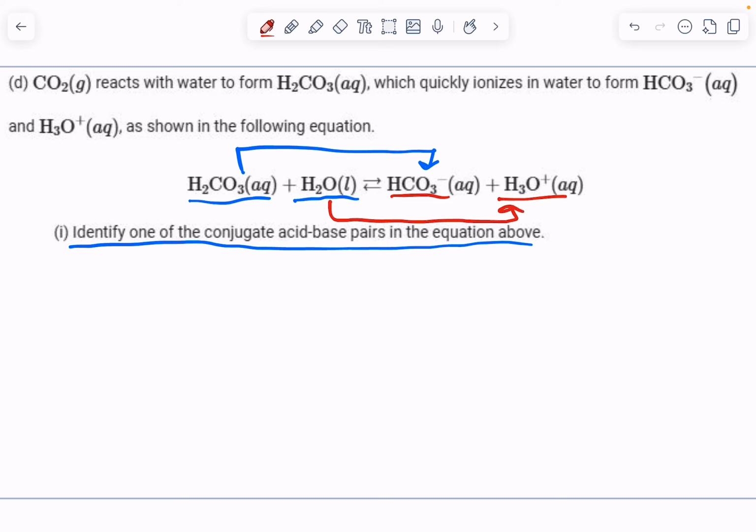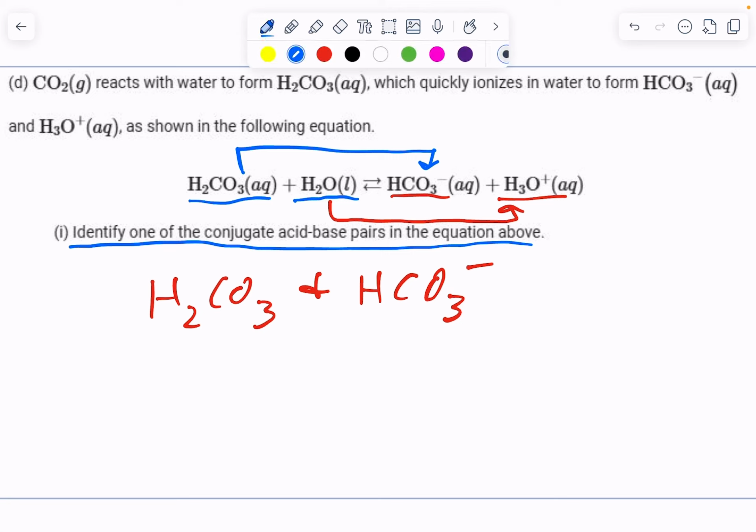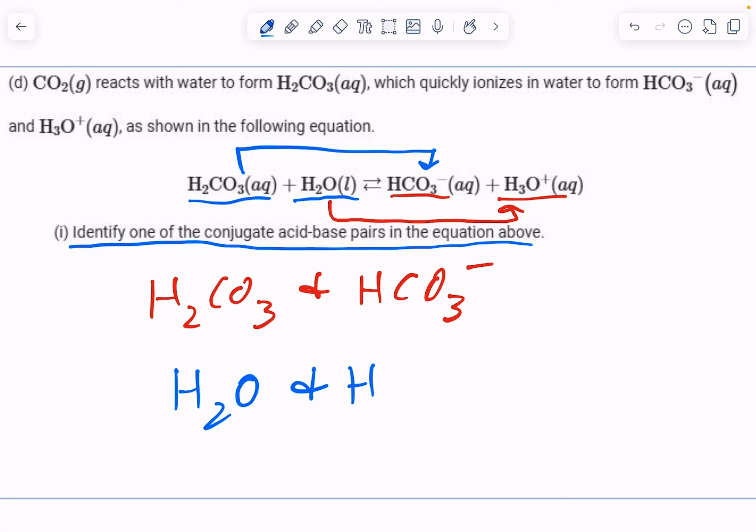If you can just identify which species go together, you can already answer this question. You just choose one of the two. I'll just write one right here, H2CO3 and HCO3 minus. These are an acid-base conjugate pair. Or you could have written H2O and H3O plus. These are both acid-base conjugate pairs.